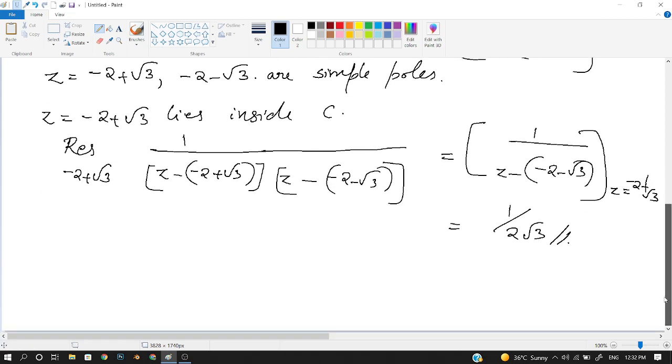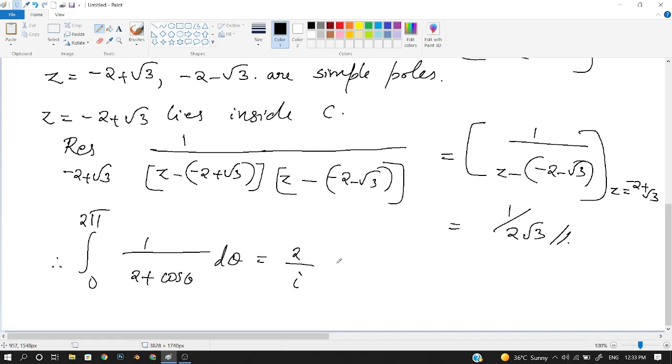Okay, so our required integral, integral from 0 to 2 pi of 1 by 2 plus cos theta d theta, equals 2 by i, then 2 pi i into the residue. This is by Cauchy's residue theorem. So the answer is 2 pi divided by root 3.